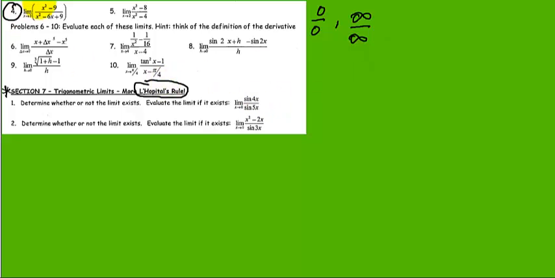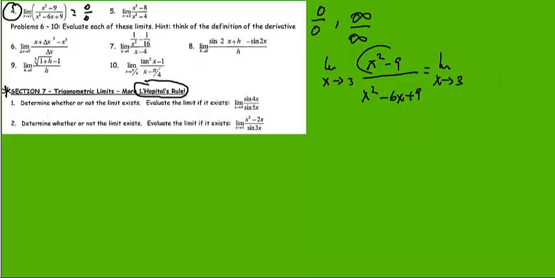Since clearly this went to 0 over 0, what L'Hopital's rule says is, if you get a 0 over 0 or infinity over infinity, and that's all you need to know for AB Calculus, we can take this function, x squared minus 9 all over x squared minus 6x plus 9, and take the derivative. Now, we're not using the quotient rule, so be careful.